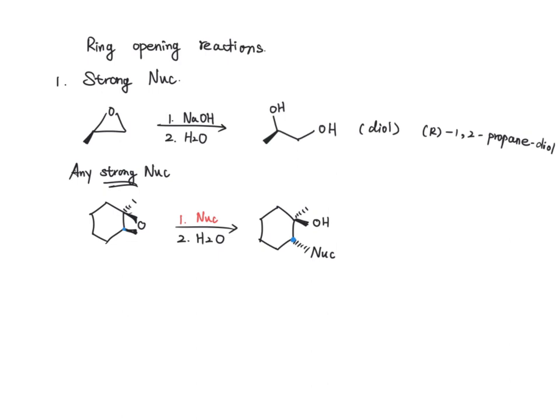And the key point here is we need to think about regioselectivity, which carbon the strong nucleophile will attack. So the strong nucleophile will always attack the less hindered carbon.